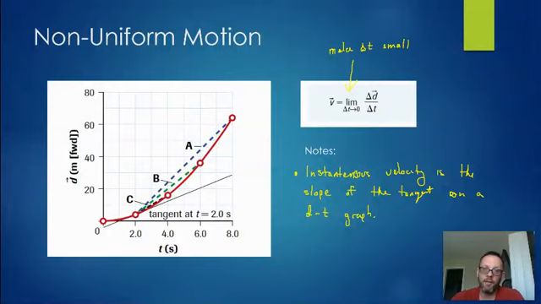For now, given a dt graph, if you did require that instantaneous velocity, we are doing a bit of estimating. You just might have to draw the tangent and find the slope of it. Later on, when you learn calculus, you'll have techniques to actually mathematically determine the instantaneous velocity. But for now, what we need to know is the slope of the tangent.